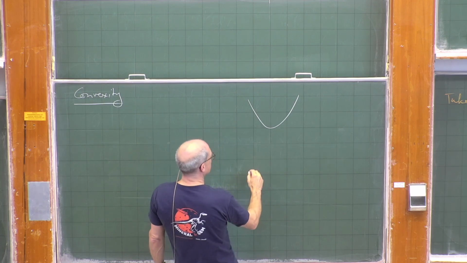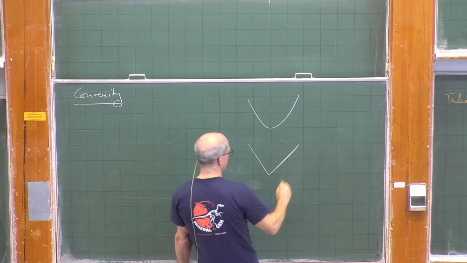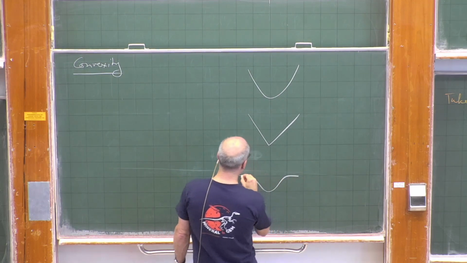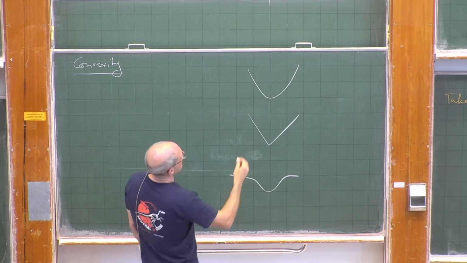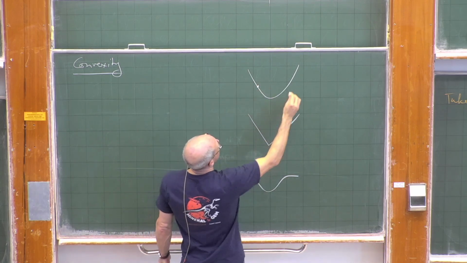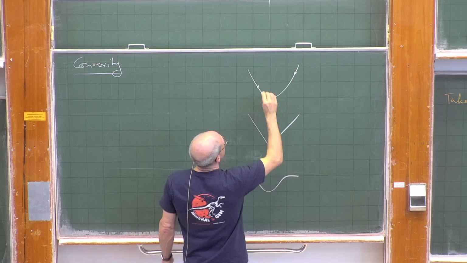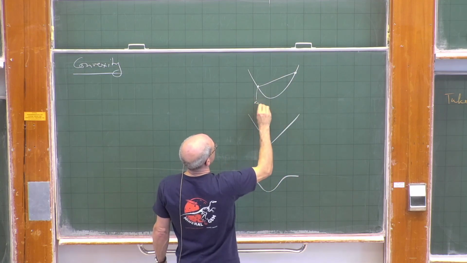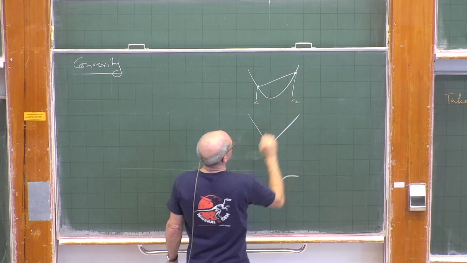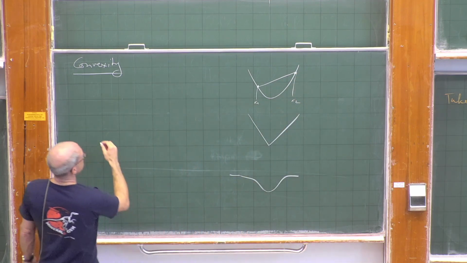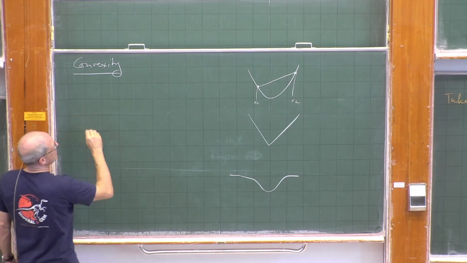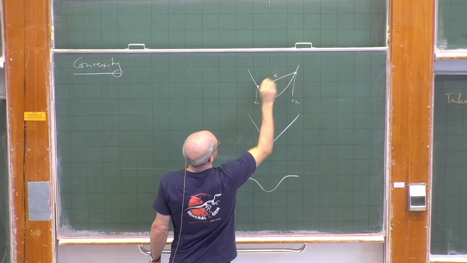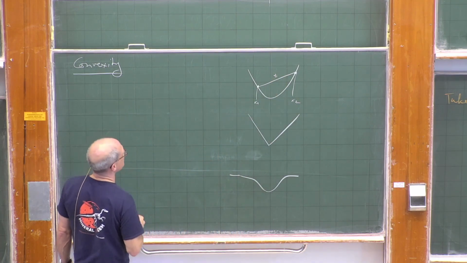There are various definitions of convexity. But one definition asks, can I pick any point and any other point, and will the line between them always lie above the function? So let's say this is x1 and this is x2. Then I can interpolate parametrically with t, which goes from 0 to 1.